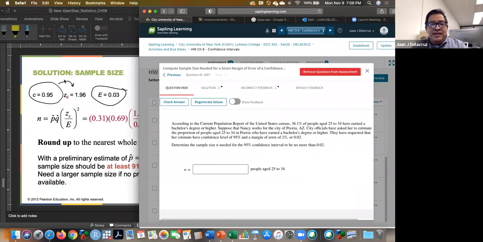So all we need to find is the C-score. In your case it is 95%, so the 95% corresponds to 1.96. So we can find the value.